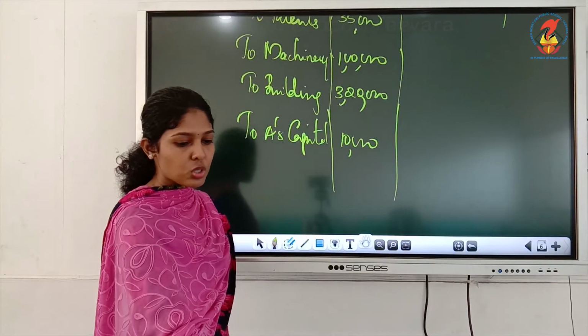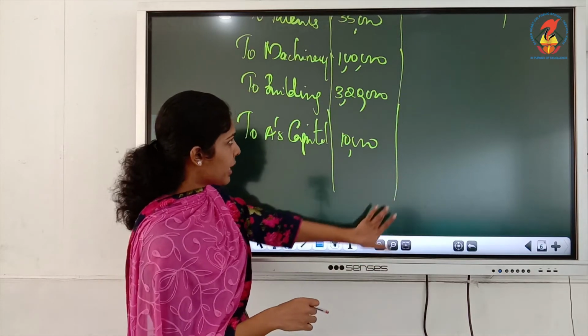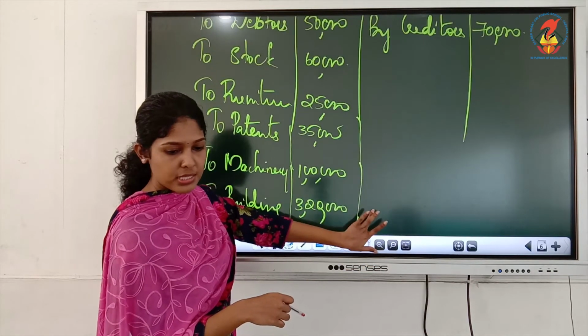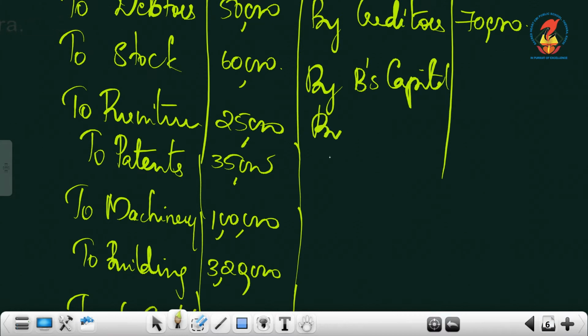Then B took stock for rupees 55,000 and C took over building. So that is by B's capital and by C's capital. Write the amounts given in adjustments, that is 55 and 4 lakhs.